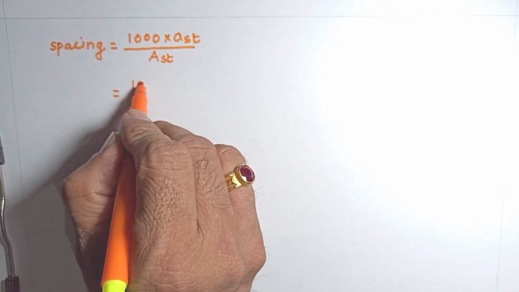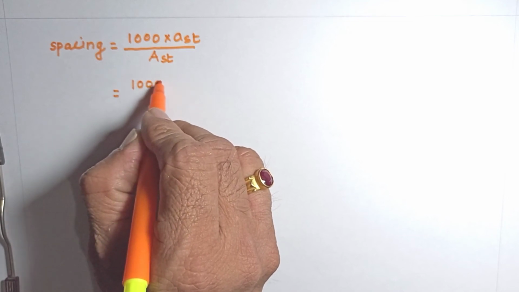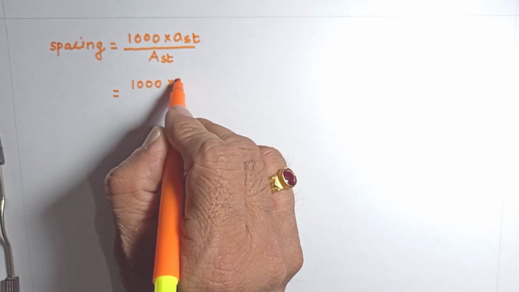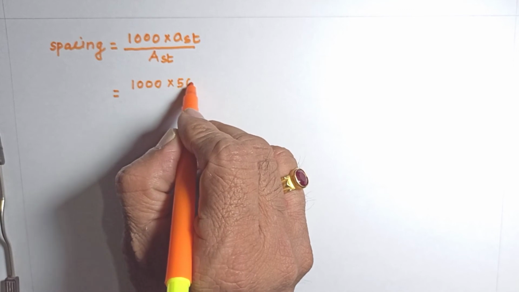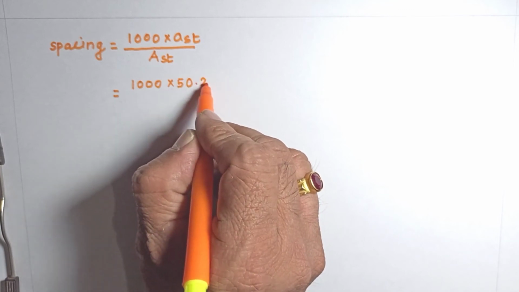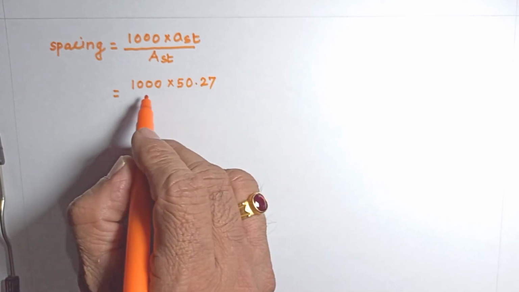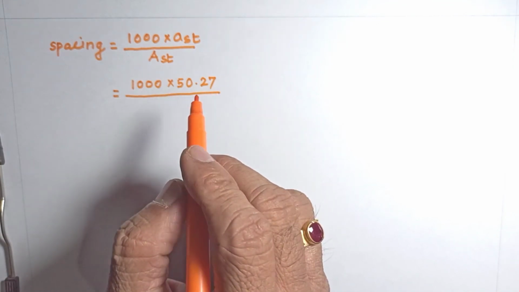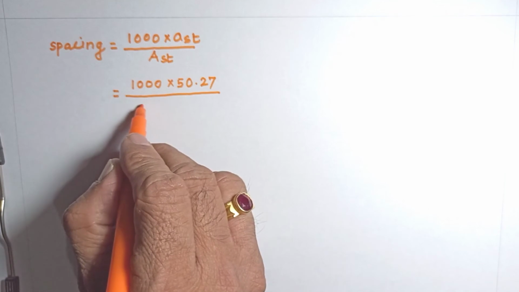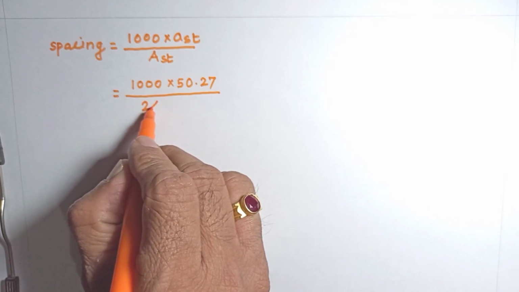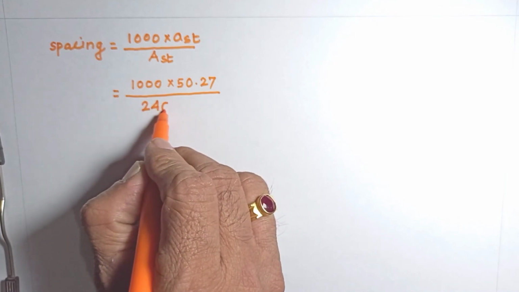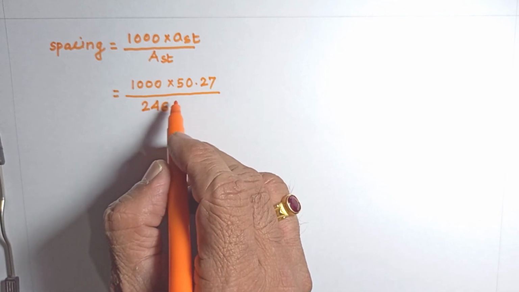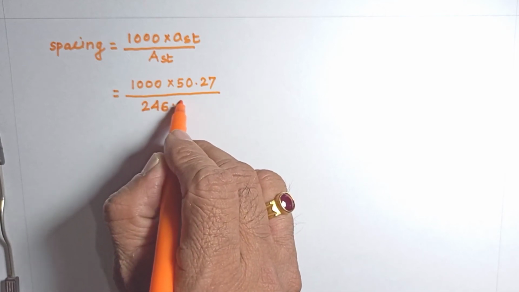The area of one 8 Tor bar is 50.27 and AST which we have calculated is 246.75.